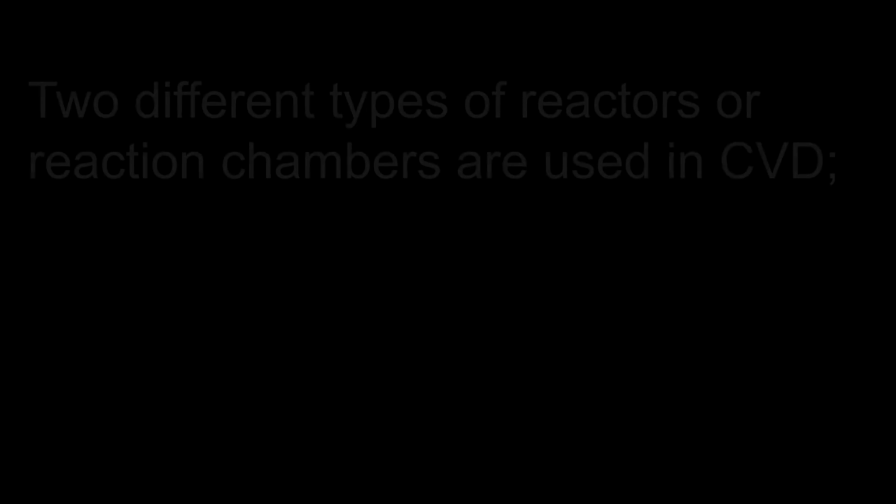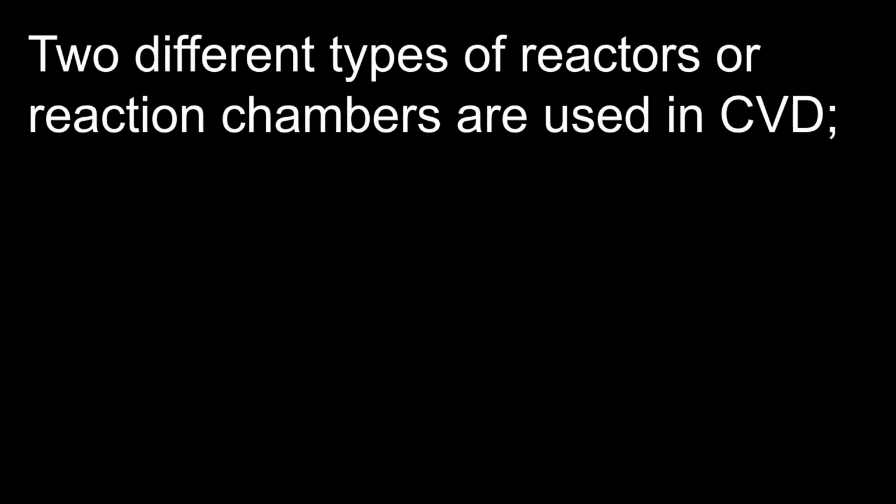Then please note that there are two different types of reactor or reaction chamber used in CVD systems. A reaction chamber is a chamber in which a chemical reaction takes place.